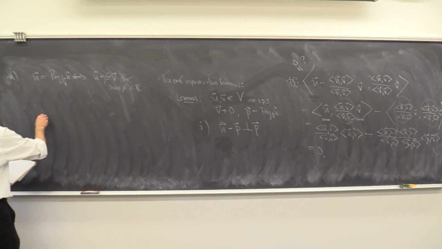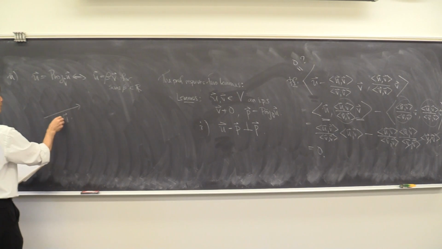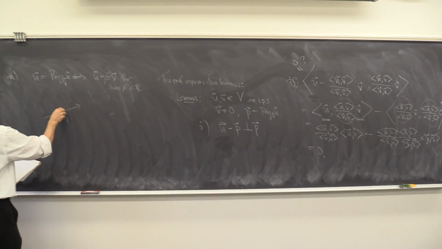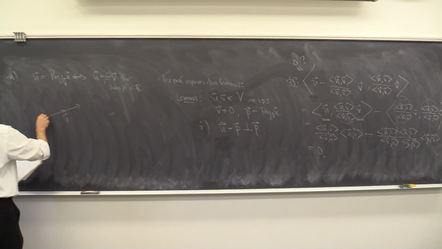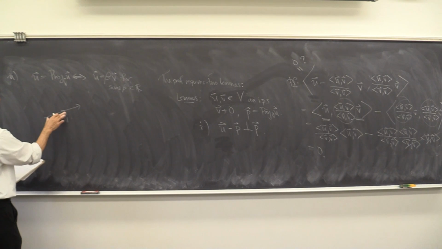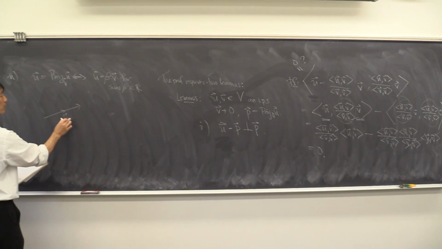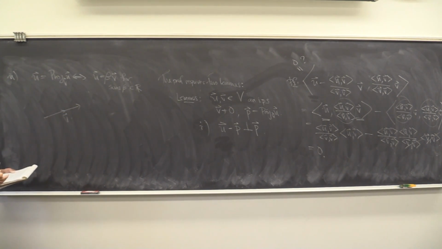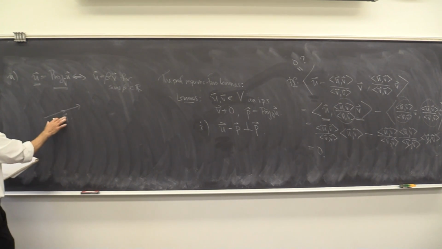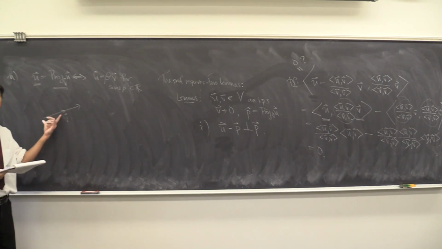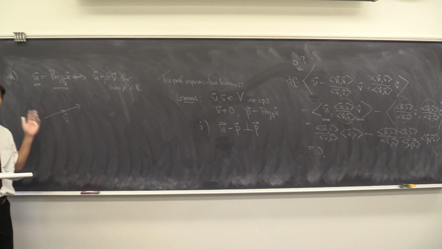Pictorially, what this is saying is that if this is u, if this is v, the only way that u could be equal to its own projection is if it's on v to start off with. The only way u could be equal to its projection on v is if it is on v to start off with.